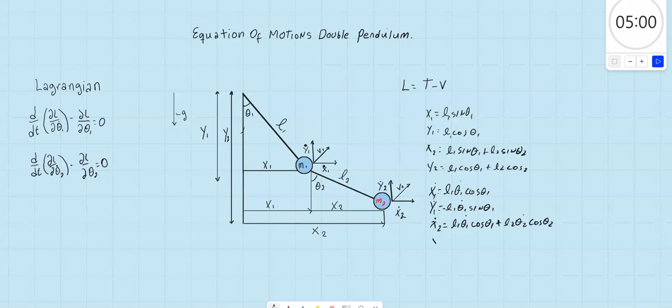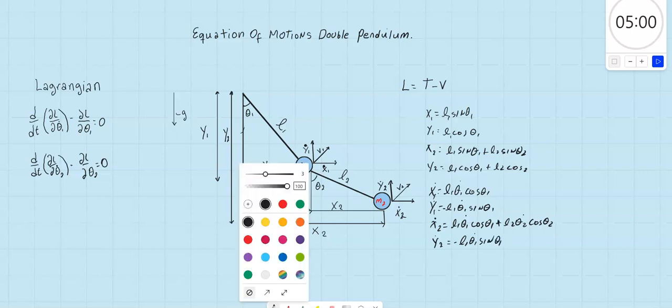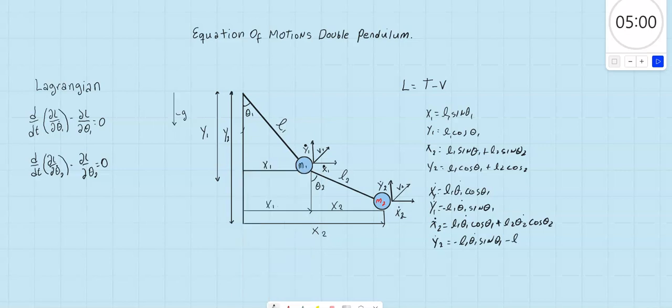And my y2 dot will be minus L1 theta 1 dot sine theta 1 minus L2 theta 2 dot sine theta 2.